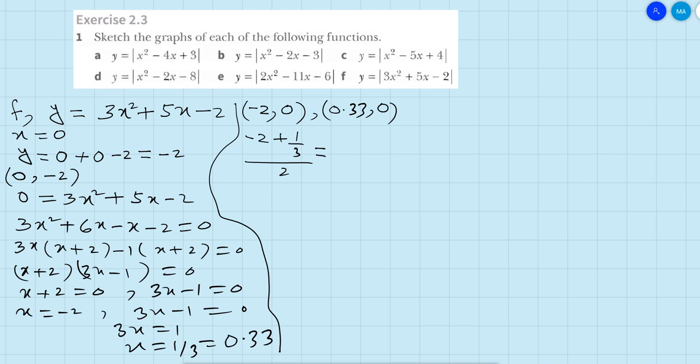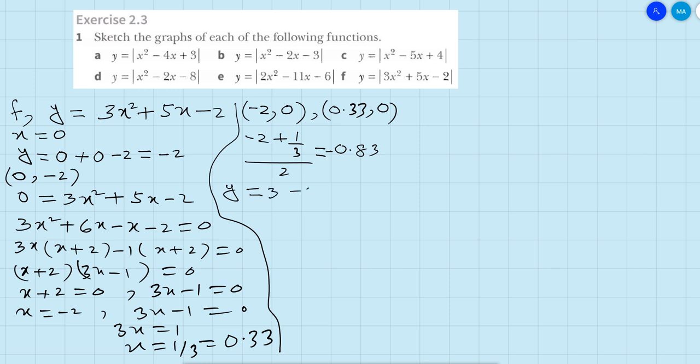The answer is minus 0.83. So when x is minus 0.83, then for y we have to put the value of x in the given question.